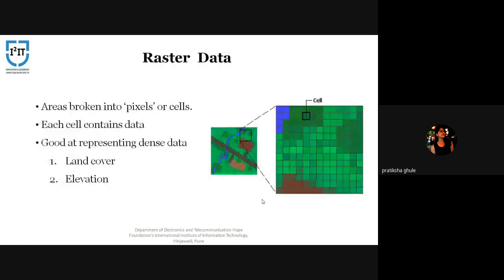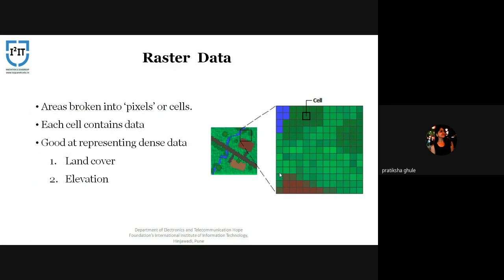So there are two types of data. One of them is raster data and the second is vector data. Here you can see the raster data. Raster data basically breaks the whole area into different pixels, or we can say it's a grid of rectangles of the same size, and that rectangle, or square, is called a pixel or cell, and each cell contains data.